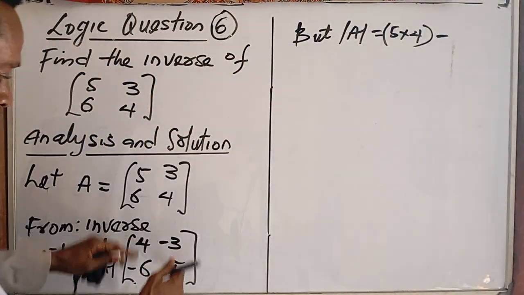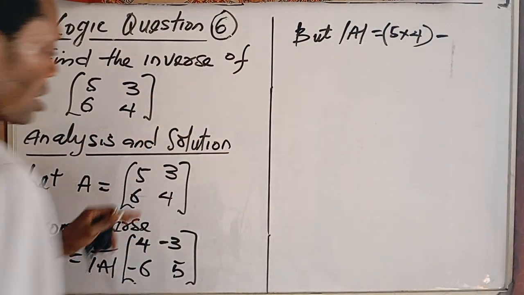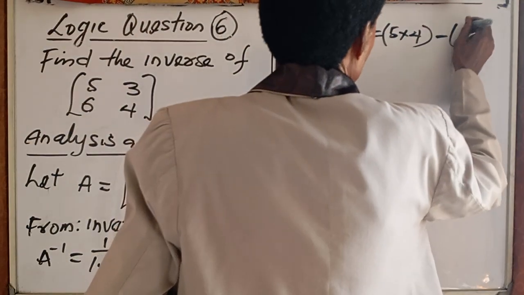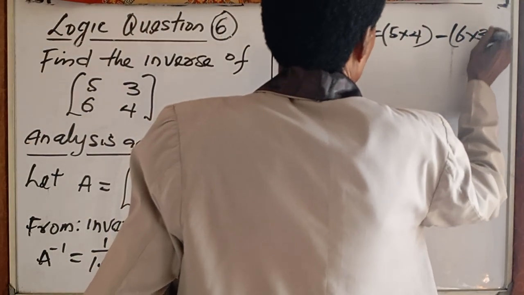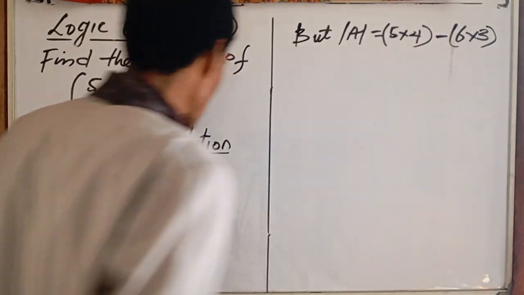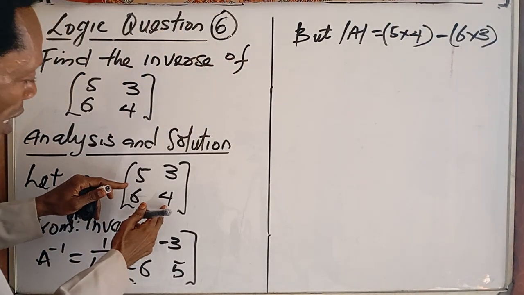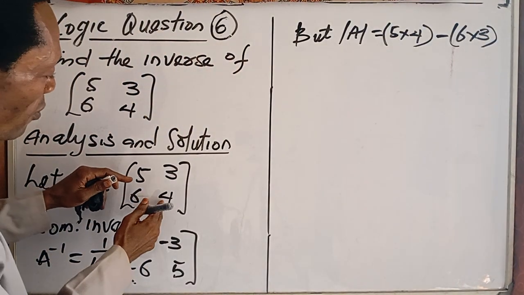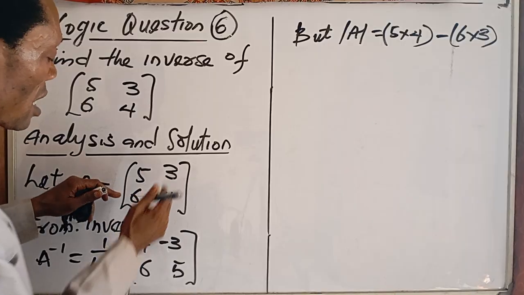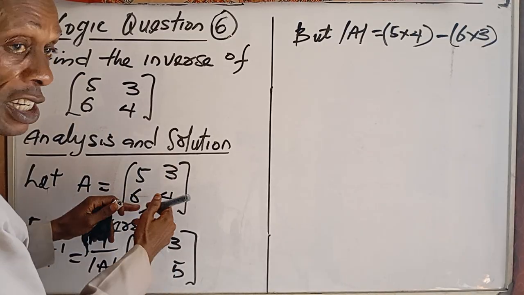Mark it, it's not this one I'm using, it's from the original matrix. So this is 5 times 4 minus 6 times 3.